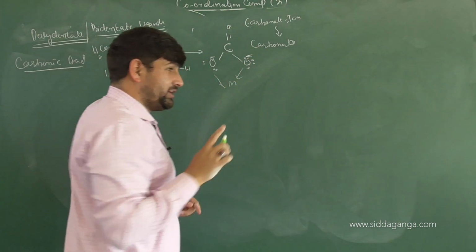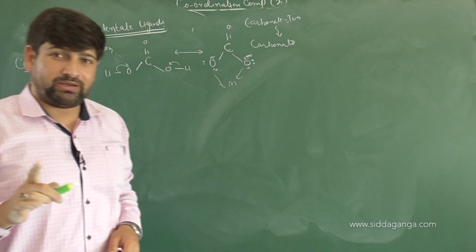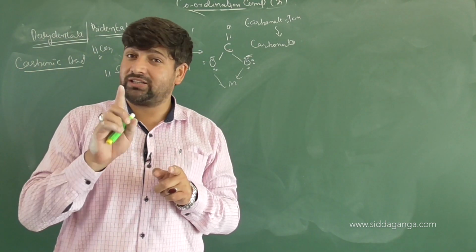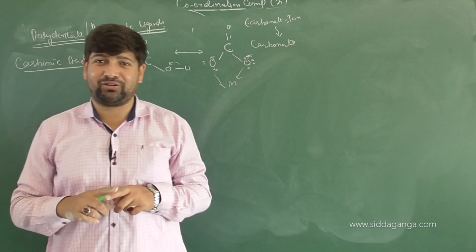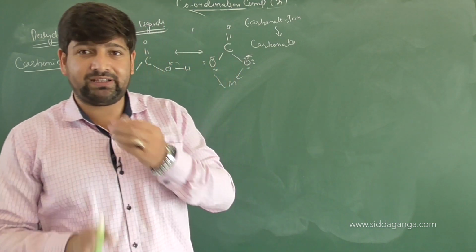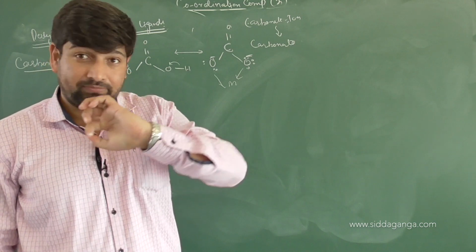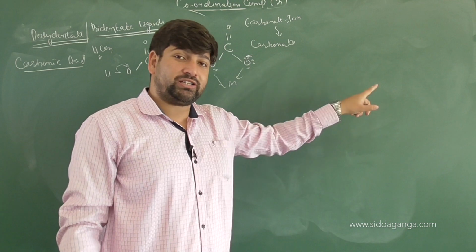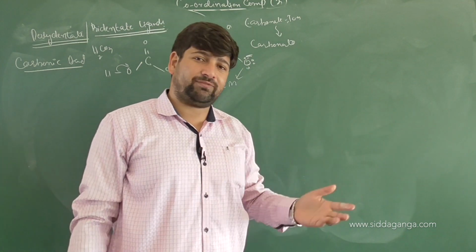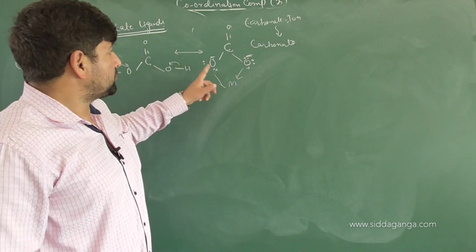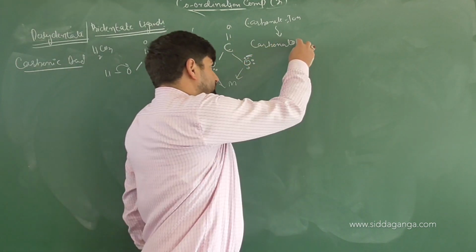So anywhere in a coordination complex, if CO3 comes, when you are mentioning a coordination compound, their charge will not be mentioned, because in IUPAC nomenclature a coordination complex is mentioned without charges, except if you have to show the charges, you show it as superscript on the coordination complex on the whole. From there we can find out the oxidation state of different ligand systems. Okay, so it will be carbonato, right?